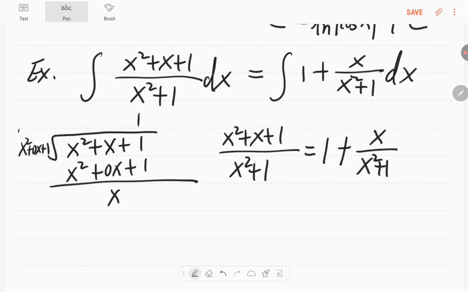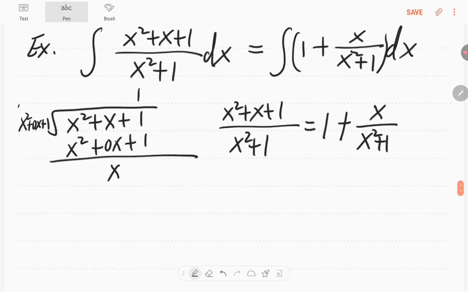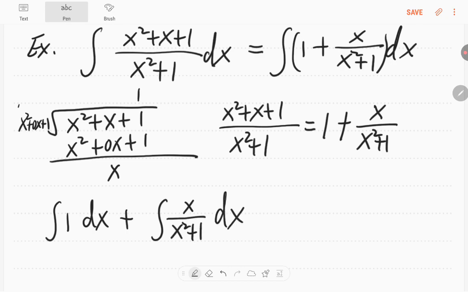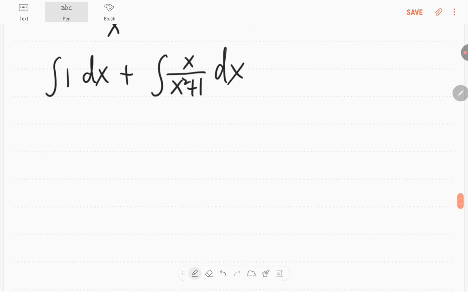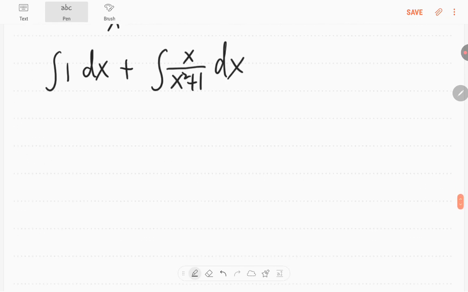For this problem, you can separate into two integrals. One is the integral of 1 dx plus another one is the integral of x over x squared plus 1 dx. For the first one, it's very easy.